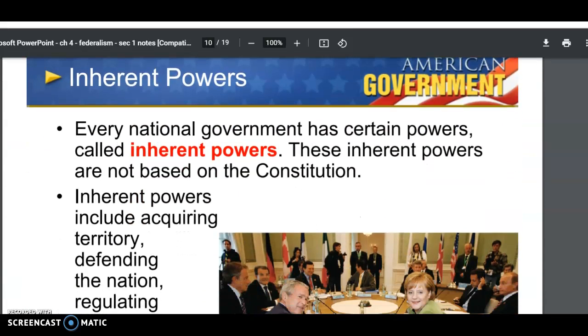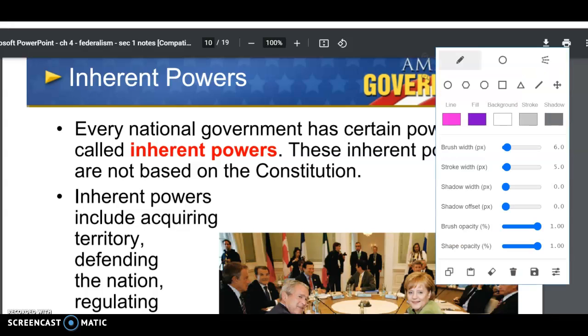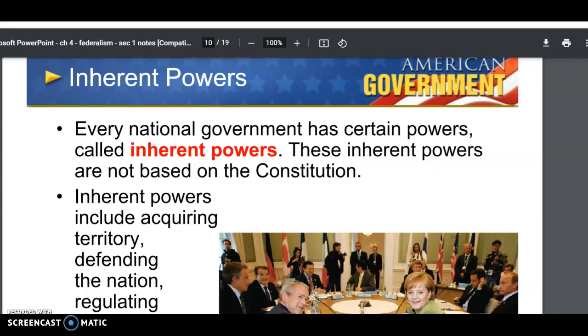So next is inherent powers. So that's your next heading, inherent powers. Every national government has certain powers called inherent powers. These inherent powers are not based on the Constitution.